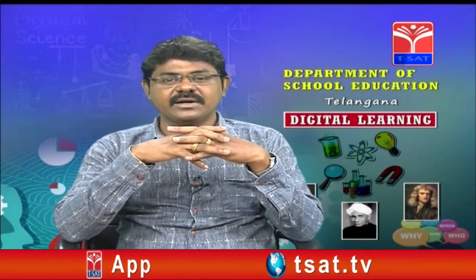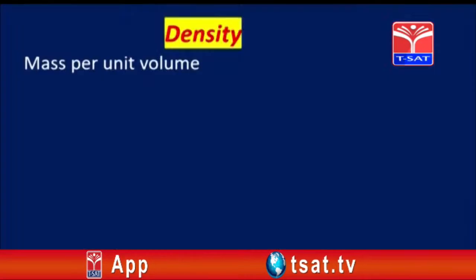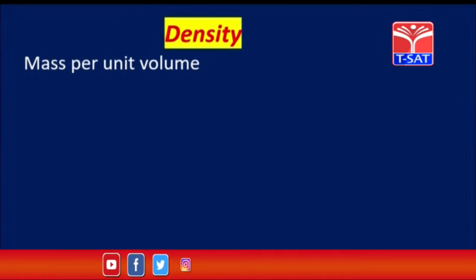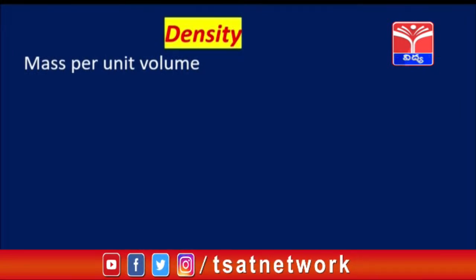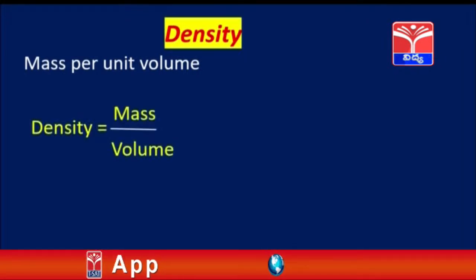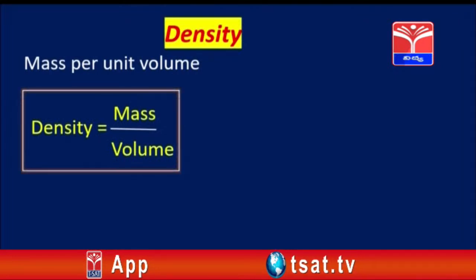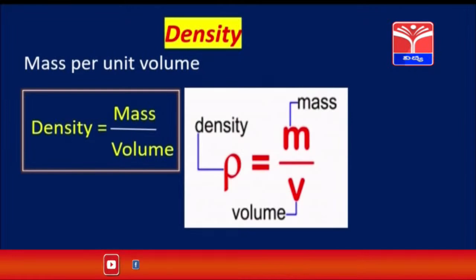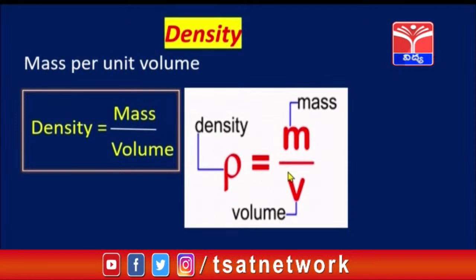The very important concept is density. Okay, so what is the definition of density? First you try to understand the definition. Mass per unit volume is density. So density is mass upon volume, and density is represented with the symbol rho. Rho is equal to mass by volume.